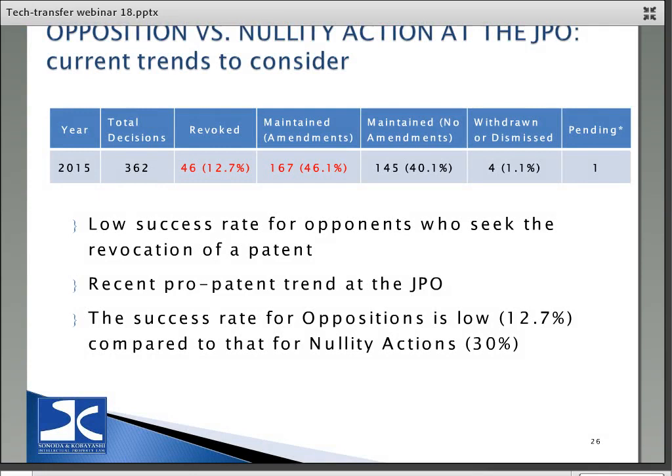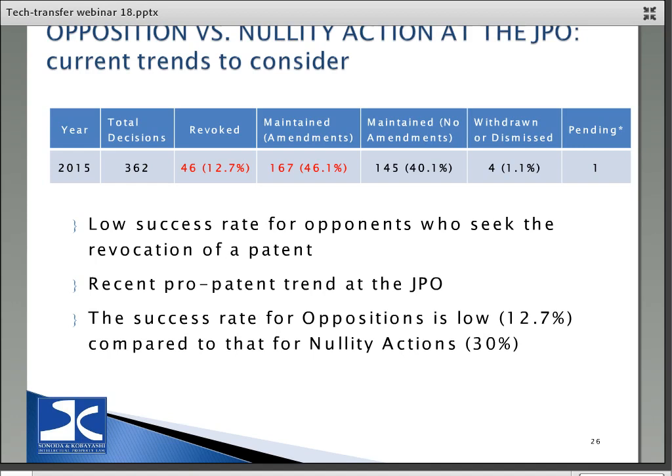Yeah, thank you. Some thoughts, some data about the statistics of opposition. Here are the statistics taken from the oppositions filed in 2015. This is the year the new opposition system started. There were 367 oppositions filed, and for those, 362 decisions have already been made.